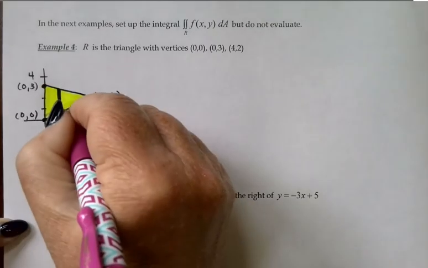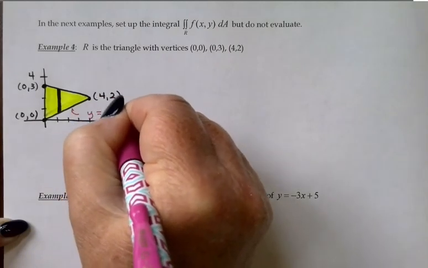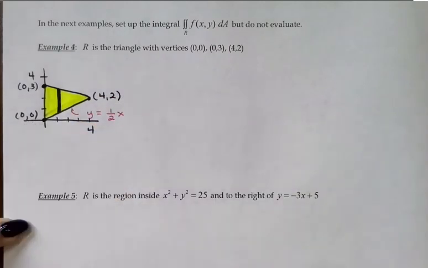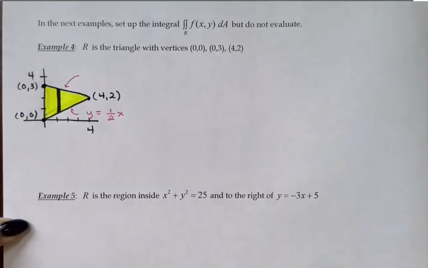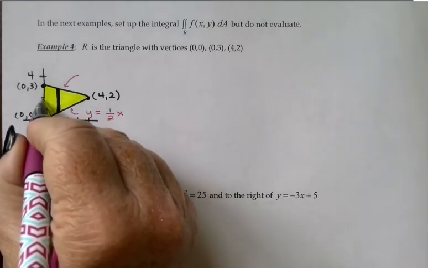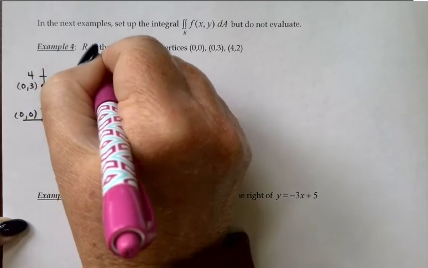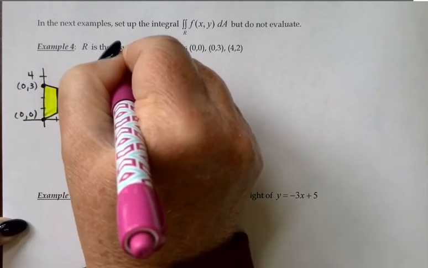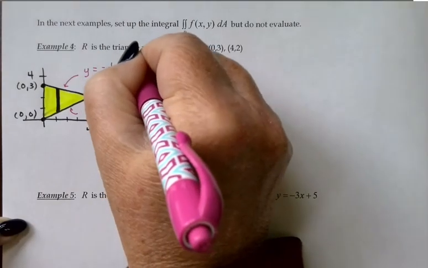This equation would be y equals 1/2 x plus 0, since the y-intercept is 0. And on this equation, my slope goes down 1 and over 4, so a slope of negative 1/4, and then a y-intercept of 3.